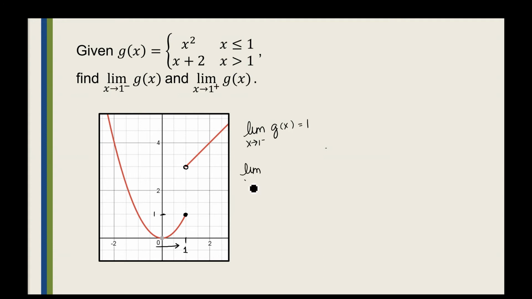And the limit as x approaches 1 from the right of g of x, you can see as x gets close to 1 from the right, your function values are getting close to 3. So the limit as x approaches 1 from the right of g of x would equal 3.